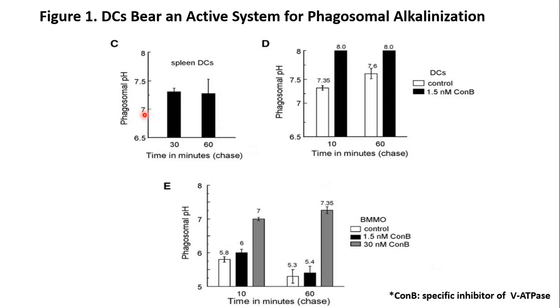So they saw that in freshly isolated DCs, a similar alkaline phagosome pH was found in the spleen.